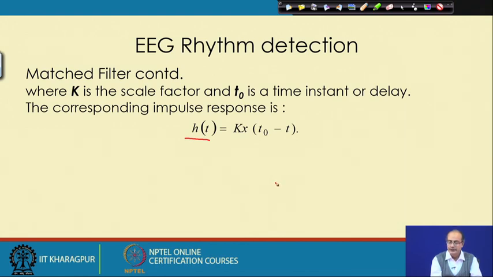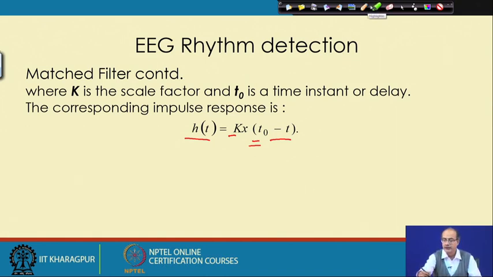What we get here is that it is first of all scaled, then because we have taken the conjugate, the time is reversed. Instead of being a function of t, we are taking minus t, and there is a delay, that is t0.